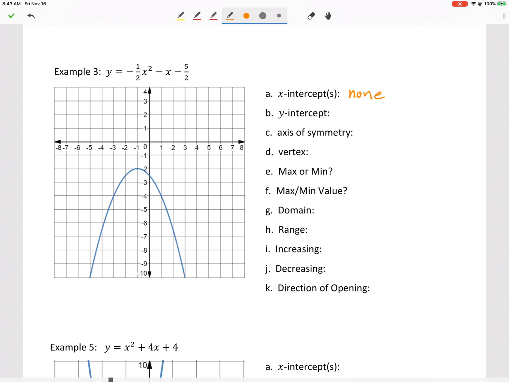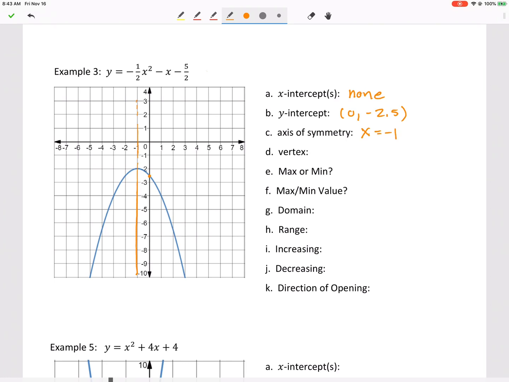All right. Y-intercept will always have that. Okay. Looks like it's not -2, it's not -3, so maybe we'll say it's going to be (0, -2.5). All right. Axis of symmetry, we draw that in, and we would write it as an equation, x equals -1.